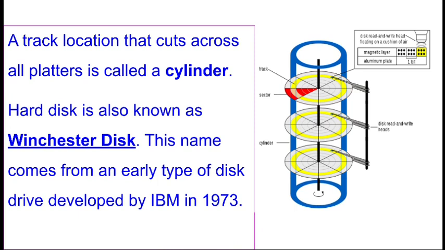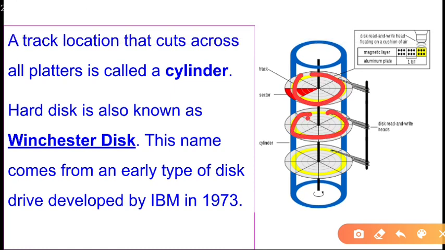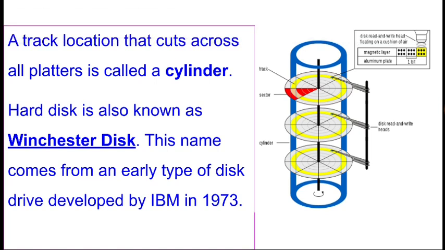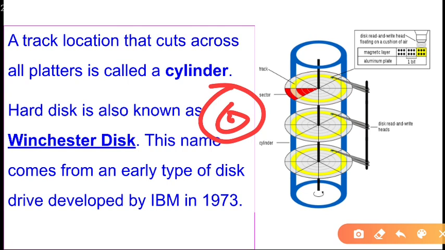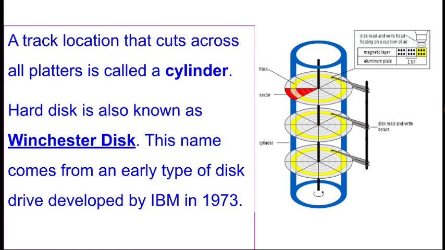So what are tracks, students? Each platter has the same number of tracks. See this yellow colored part, and inside it, can you see these circular tracks like this? These tracks are used to store the data. This is the place where the data or the information is stored.